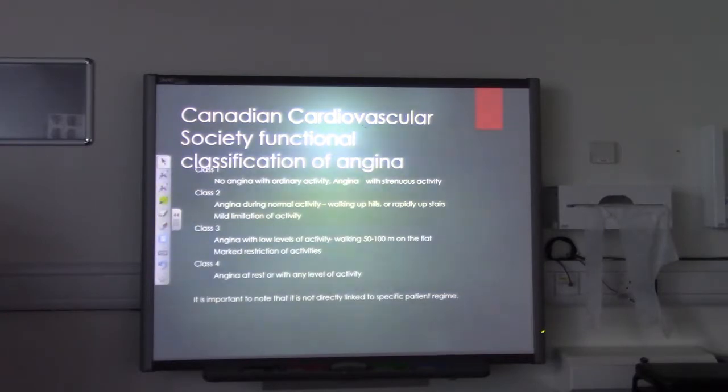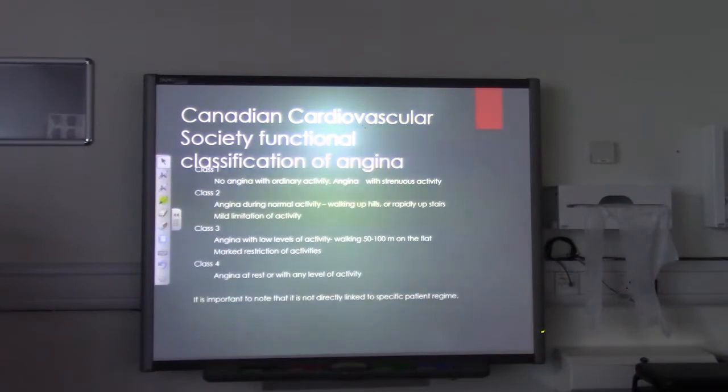There's a number of classification systems. The one that's commonly mentioned in the literature is the Canadian Cardiovascular Society Functional Classification of Angina, or the CCS Angina Grading Scale. I think it was developed back in the 70s, but it's still mentioned quite regularly in the literature. The idea was to use a classification system to assess the severity of the patient's angina.